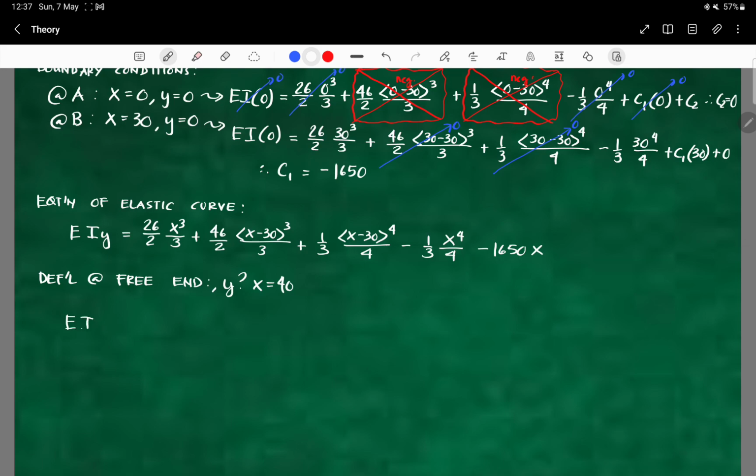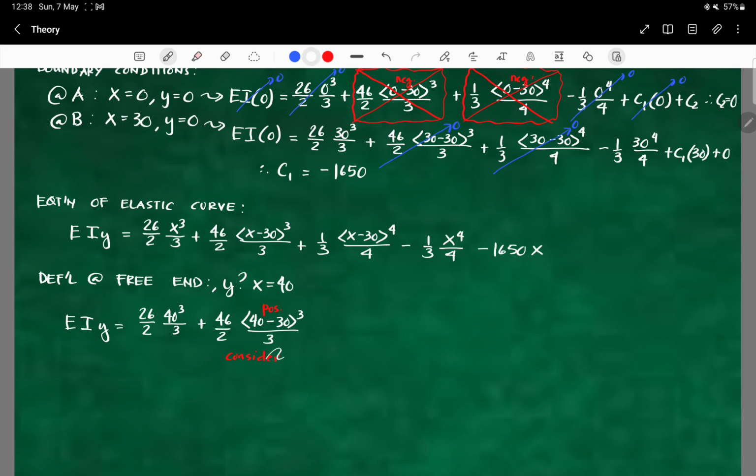We have EI y, which becomes 26 over 2, 40 cubed over 3, plus 46 over 2, then 40 minus 30 cubed over 3. Take note, 40 minus 30 is positive 10, so we need to consider this in our calculation.